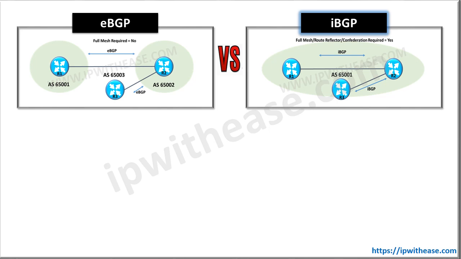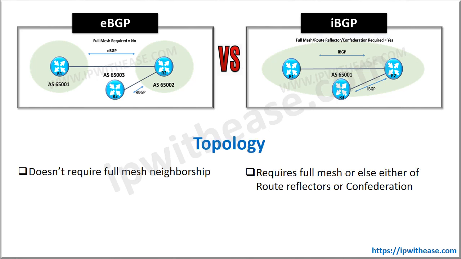Hence, either full mesh or route reflectors or confederation is the option in order to learn all the routes in case of IBGP. Hence, eBGP doesn't require full mesh neighborship. However, IBGP requires full mesh or either route reflectors or confederation for percolation of routes.